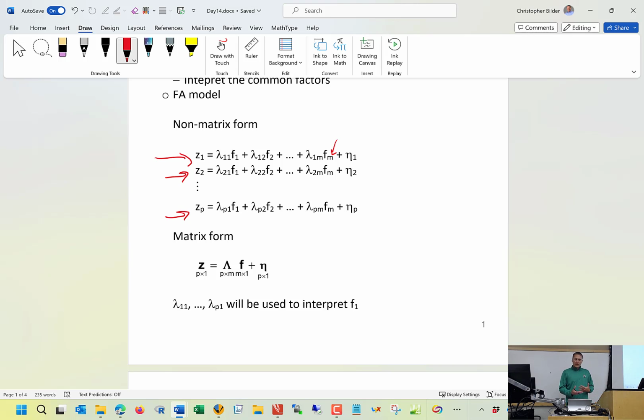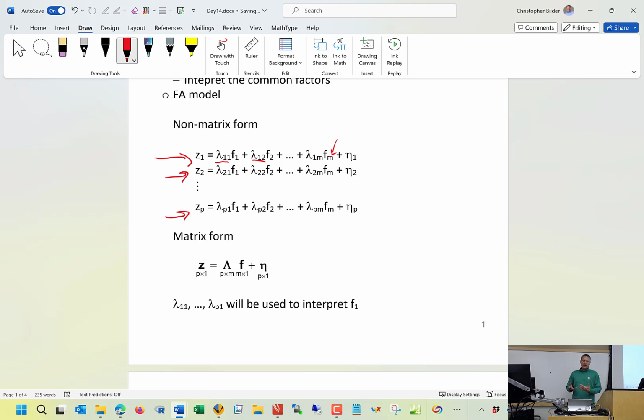The differences, well, let's talk about the similarities first. These lambdas are kind of like what we think of as our betas for a regression model. We want to estimate them. These lambdas give us a lot of good information about what these F's actually represent.